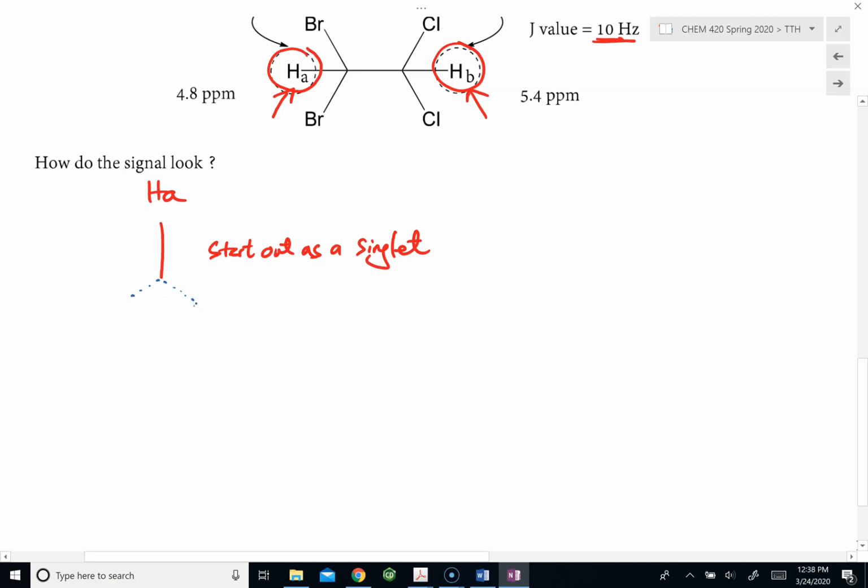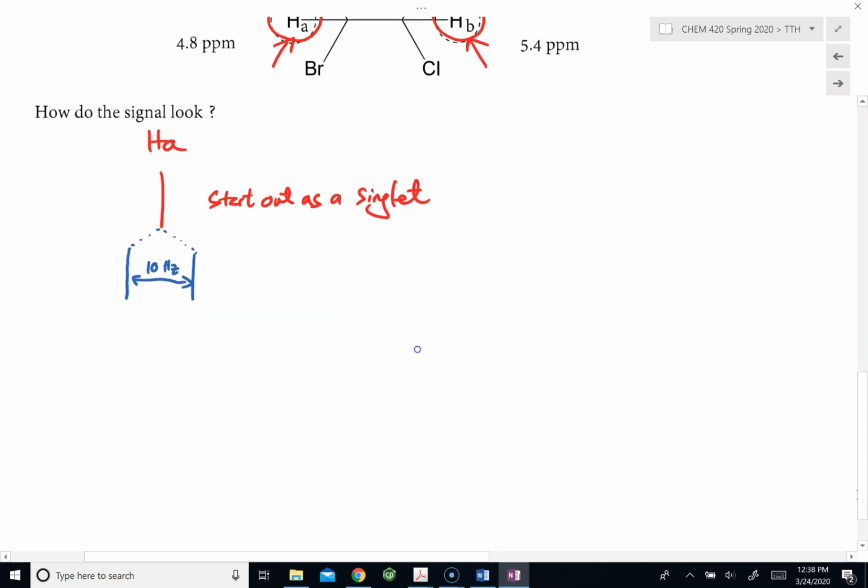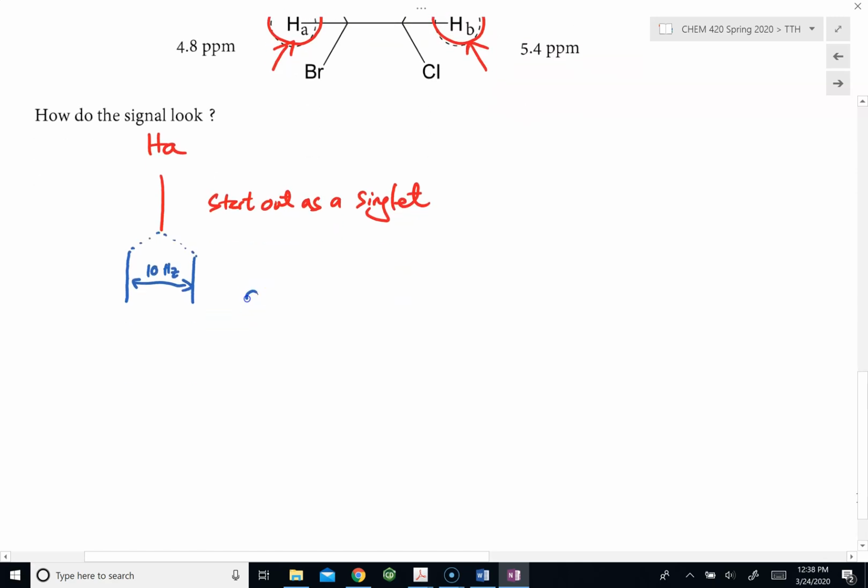It gets split into two, and now it becomes two lines. How far apart these are is dependent on the J value, here 10 Hz. So this now becomes a doublet. So the signal for HA would be a doublet.